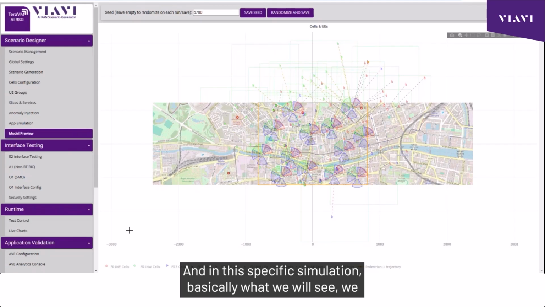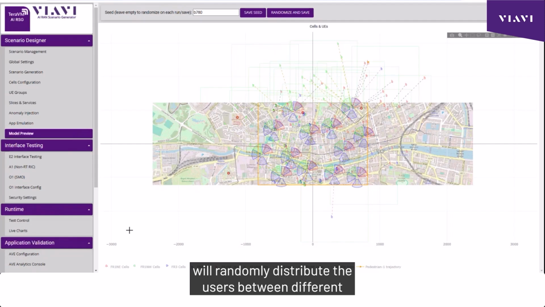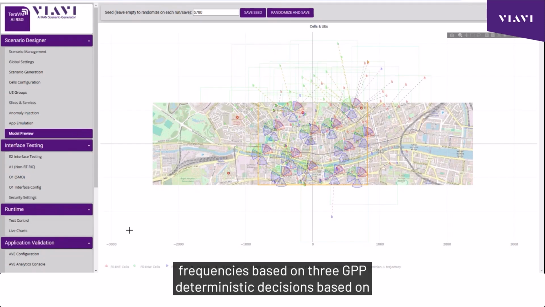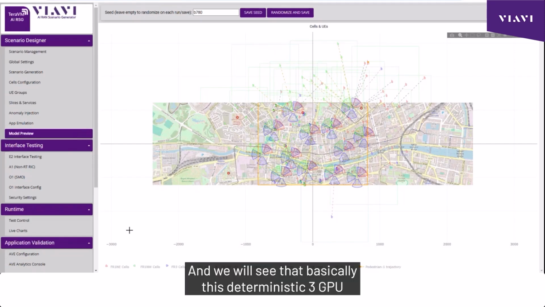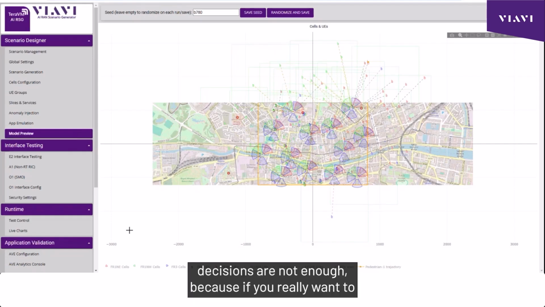In this specific simulation, we will randomly distribute the users between different frequencies, and we will let users move between different frequencies based on 3GPP deterministic decisions, basically handovers. And we will see that these deterministic 3GPP decisions are not enough, because if we really want to benefit from the bandwidth and optimize the spectral efficiency, we need to use the intelligent app.